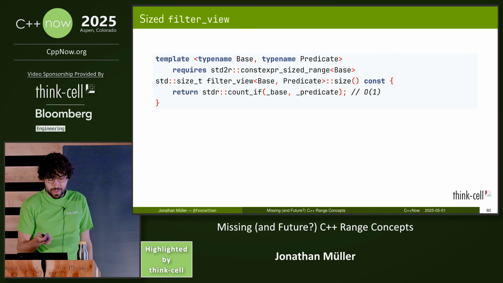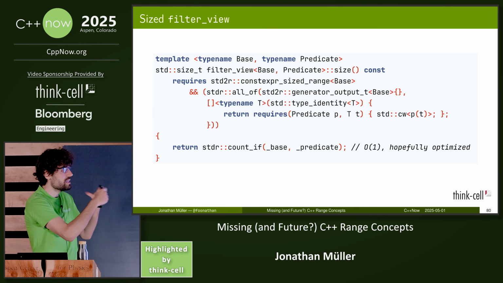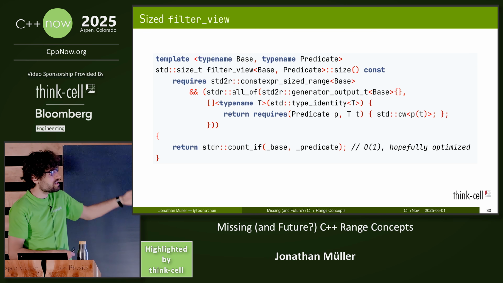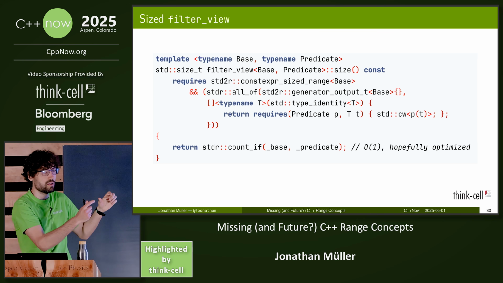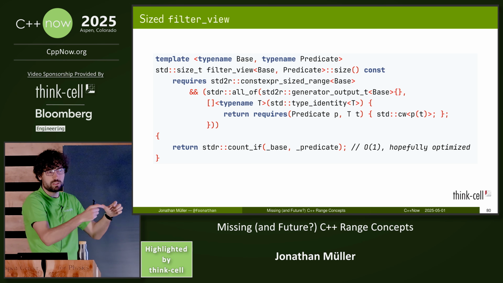So you could say, okay, we do this only if the predicate is a compile time evaluated thing. So we do that if you have a contiguous sized range and all the potential output types of our base range are ones where the predicate evaluated on some object of that type is a compile time constant. Because then the count_if is just O(1), with all compile time decisions, right?